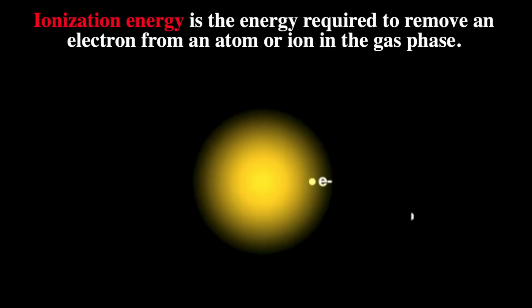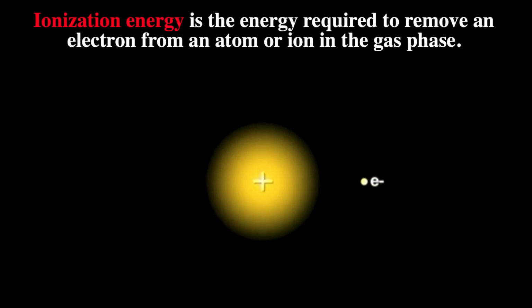Ionization energy is the energy required to remove an electron from an atom or ion. It measures how strongly an atom holds its electrons. The first ionization energy, I1, is the energy required to remove an electron from a neutral atom. Considerably more energy is required to remove a second electron from the positive ion.